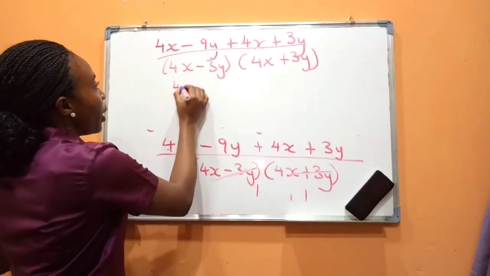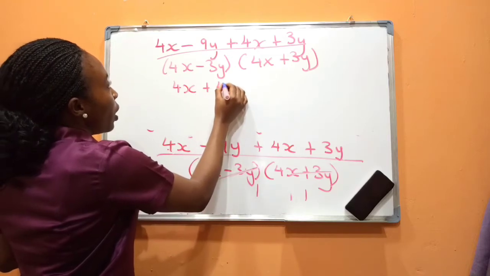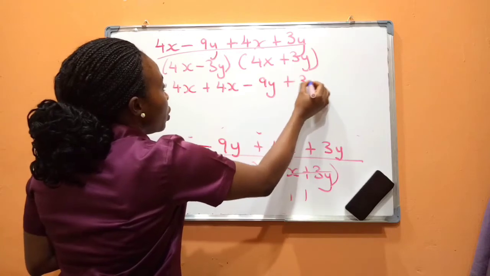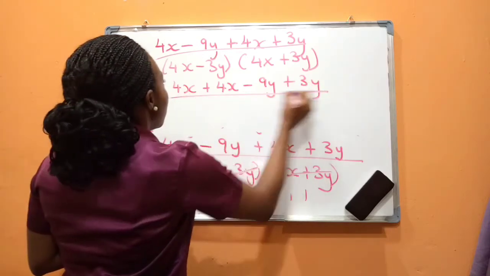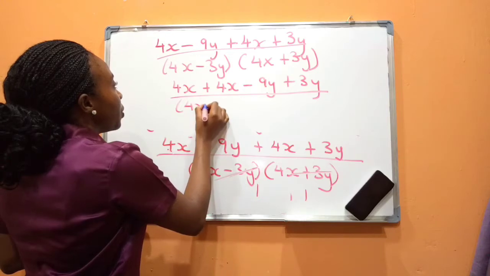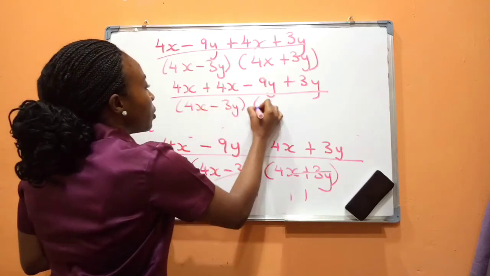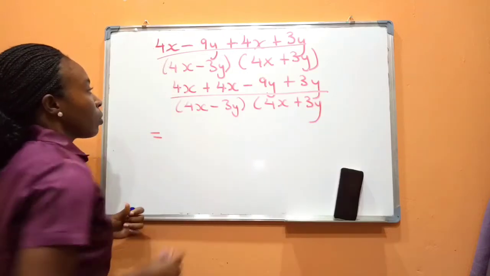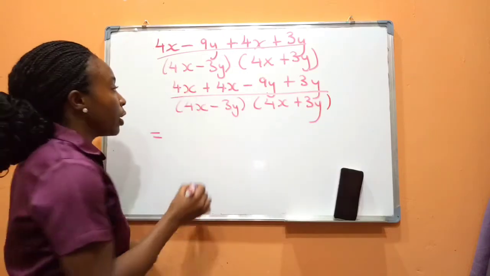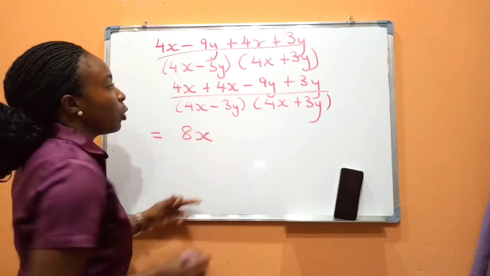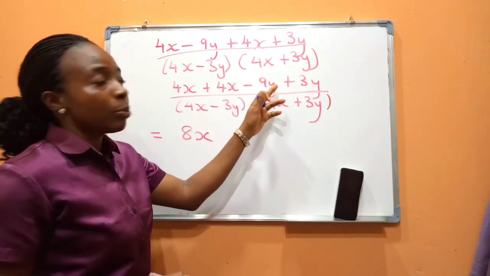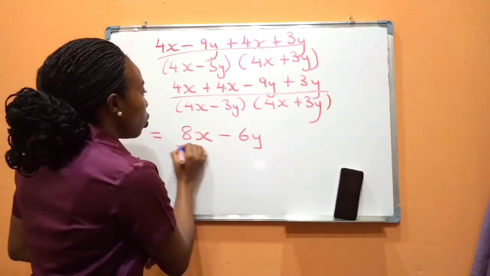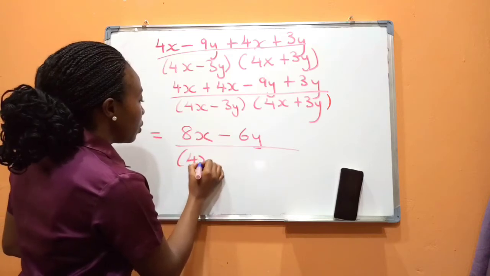We are going to have 4x plus 4x, minus 9y plus 3y over the denominator. So we have 4x plus 4x gives us 8x, and then minus 9y plus 3y gives us minus 6y over the denominator.